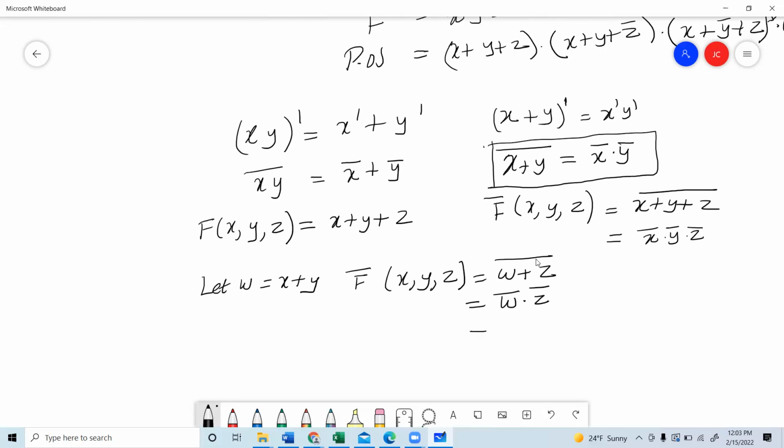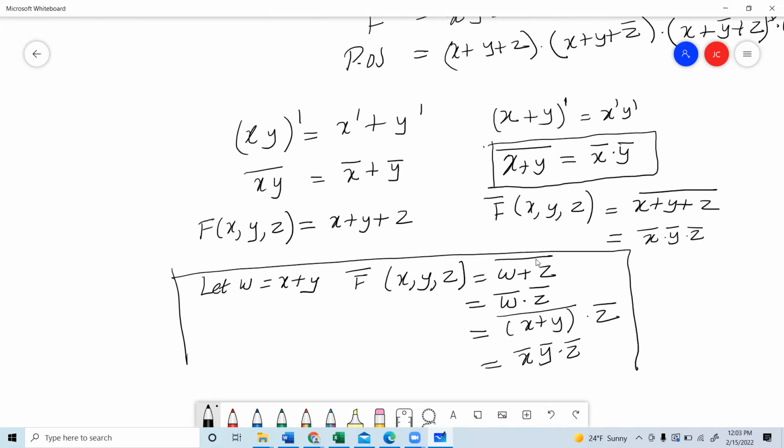We know w is x plus y, so this is x plus y, the whole bar, dot z bar. Again using De Morgan's law, it is x bar y bar z bar. So I just proved how De Morgan's law extends to more than 2 variables. Any questions?